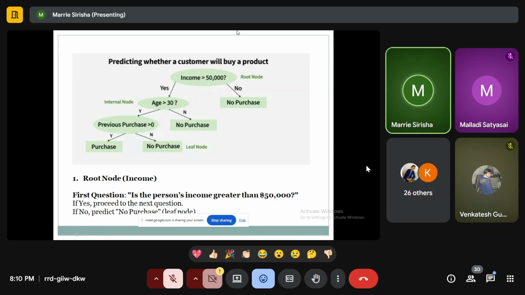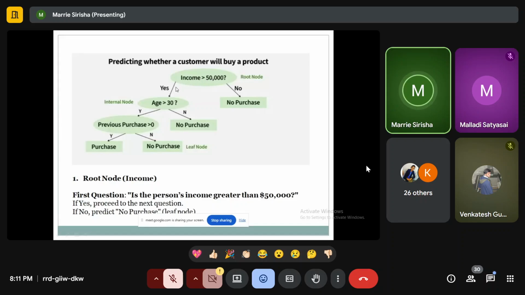If his income is above 50,000, you have to make the decision whether he'll purchase the product or not. If income is above 50,000, yes, he will purchase. Otherwise, if the income is not greater than 50,000, then he will not purchase. So you have two decisions here. One is yes, and the other one is no.